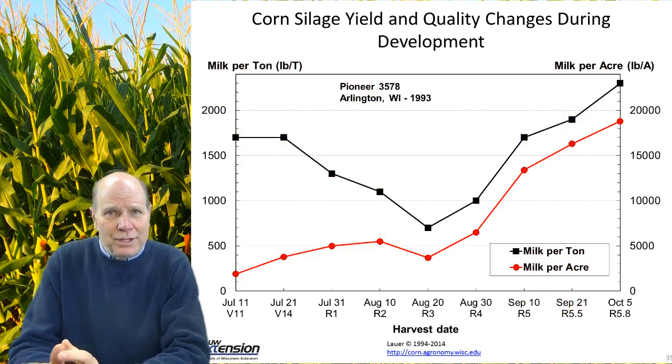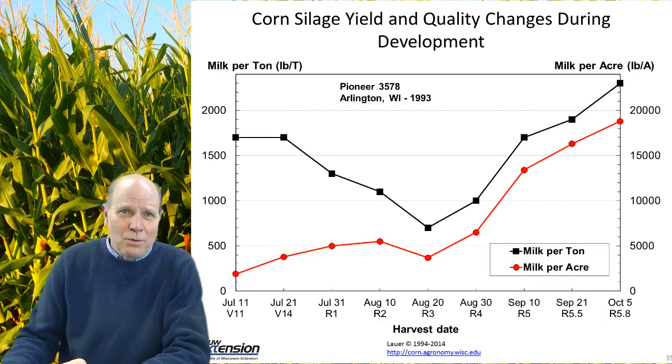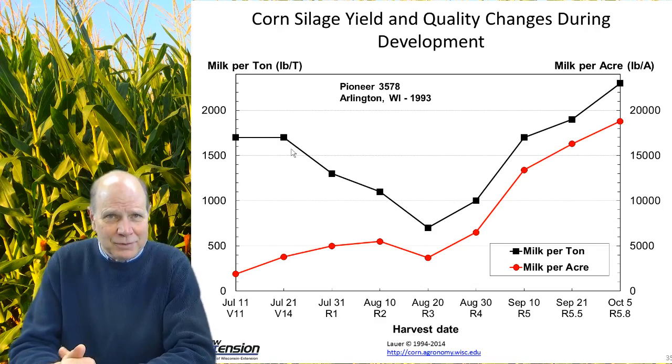Now, if there's one thing I want you to know about silage, it's this slide here. If you look at quality as estimated by milk per ton, you can see we have very good quality right around that flowering stage of development. Late flowering stage, just like alfalfa. Very good quality right at that particular stage of development.